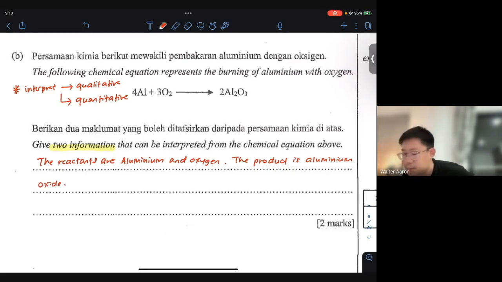So that is technically qualitative. So if we interpret this qualitatively, you get 1 mark. And then you have to interpret it quantitatively. How?